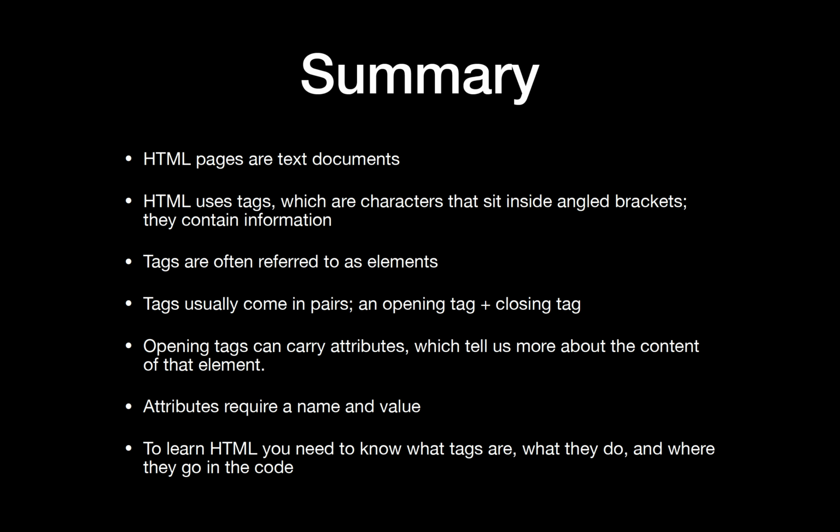And opening tags can carry attributes, which tell us more about the content of that element. That's where we were indicating that the language was in English. That example was an attribute. And attributes require a name and a value, for example, language, English. And to learn HTML, you need to know what tags are, what they do, and where they go in the code.